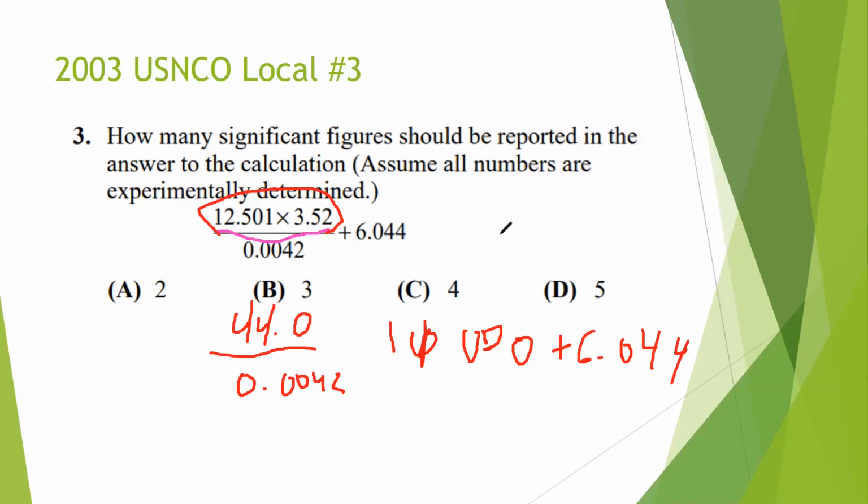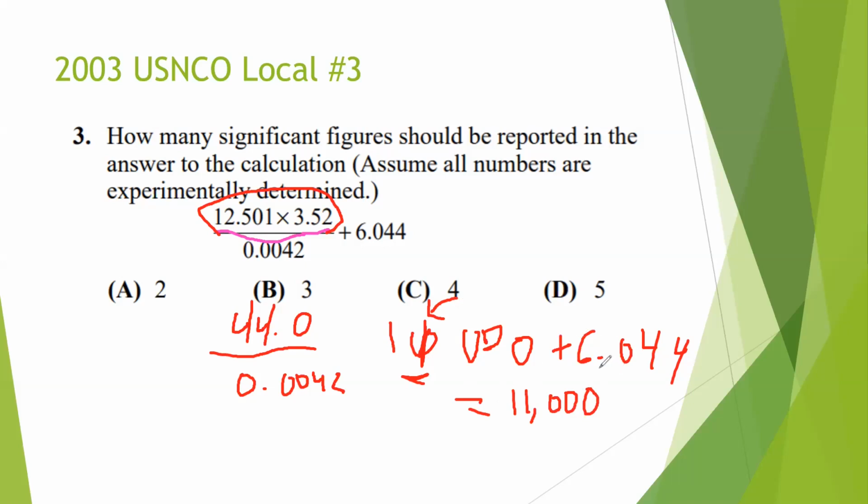But remember, when we're adding and subtracting, we use the digit with the least significant digit. So basically it's the thousands digit plus the ones digit. So this is the least specific. So actually when we add 6.044, we still get the exact same number, 11000, because this one's less specific.